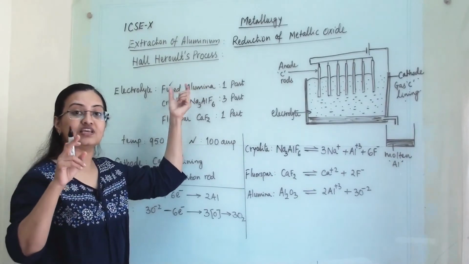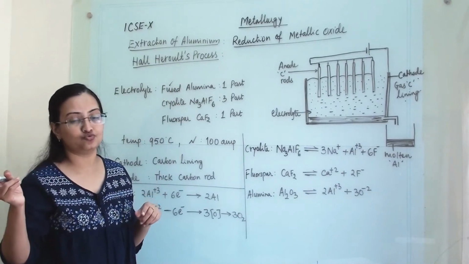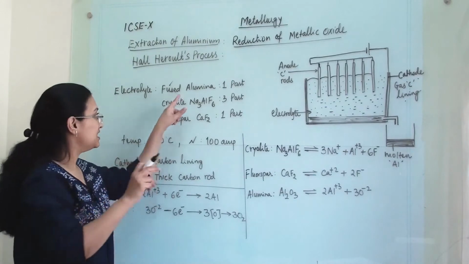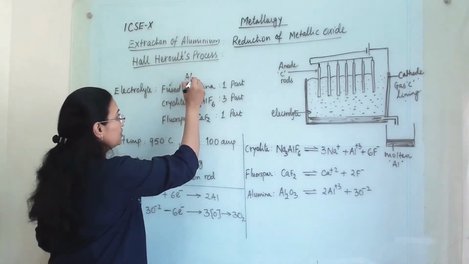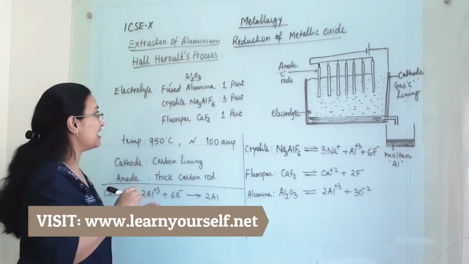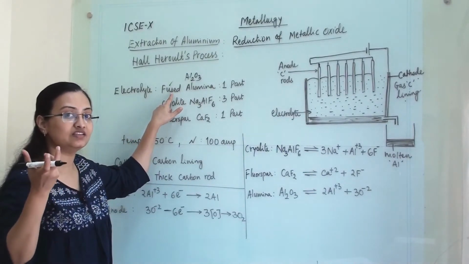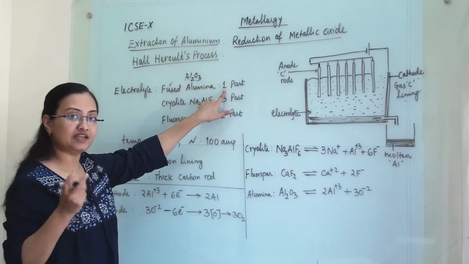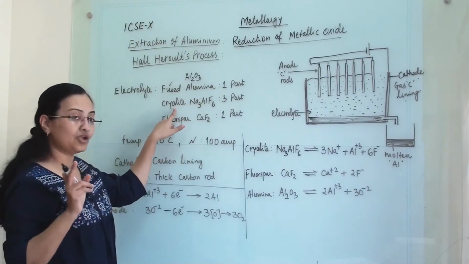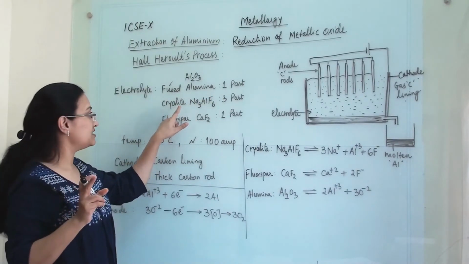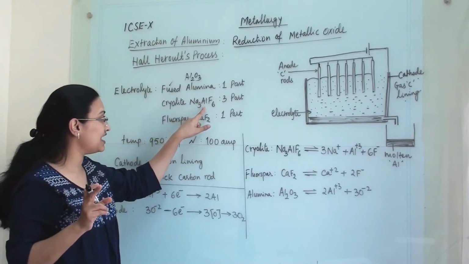Earlier it was Al2O3·2H2O. That was our bauxite ore. Here we are using Al2O3, our pure alumina, and we are taking it in the fused state, that means in the molten form. We take one part of that. Then we are taking cryolite. What is cryolite? Cryolite is Na3AlF6.